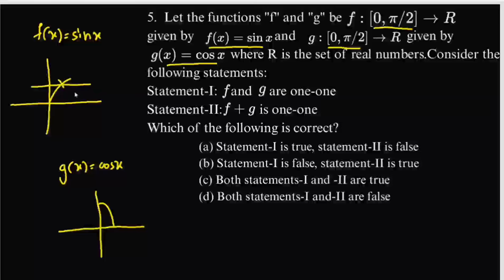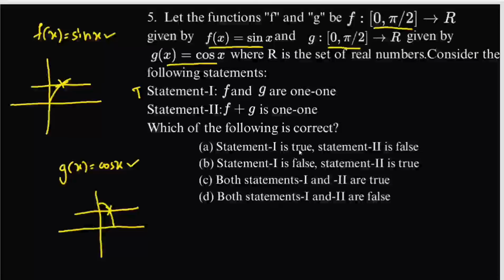At exactly one point. That means what? Since it is cutting at exactly one point, I can say f is a one-one function. Similarly, coming to g, if I draw a horizontal line here, you can see that the line cuts the graph at exactly one point. So yes, cos x is also a one-one function. So that means statement 1 is true.